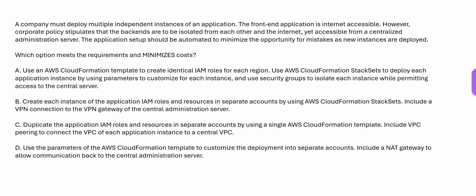So option A says, buddy, let's use CloudFormation, which is fine. But the challenge with A is it is not addressing the isolation piece from the internet for the back end. Your back end should be isolated from the internet.